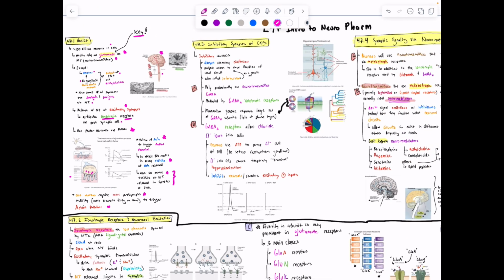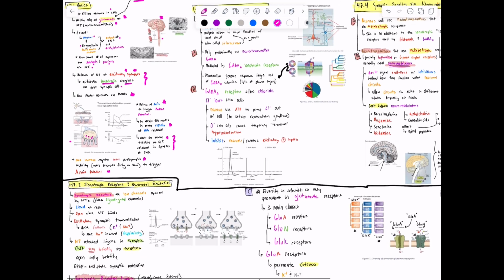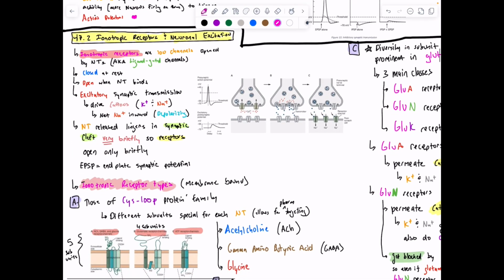All right. So in the central nervous system, when we're talking about these ionotropic receptors, again, these are going to be mostly at our excitatory synapses, but let's just talk a tiny bit more about ionotropic receptors in general, what they are. They're ion channels that are opened by neurotransmitters, and so they're ligand-gated channels. Something binds to it and it goes ahead and opens.